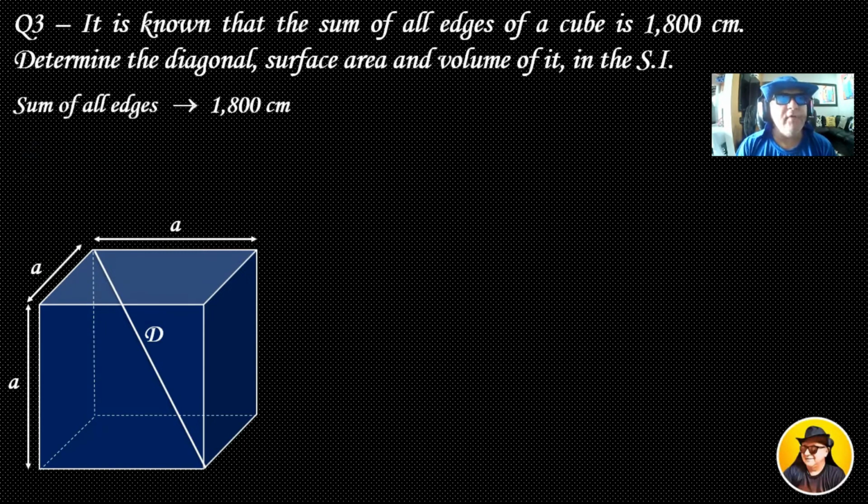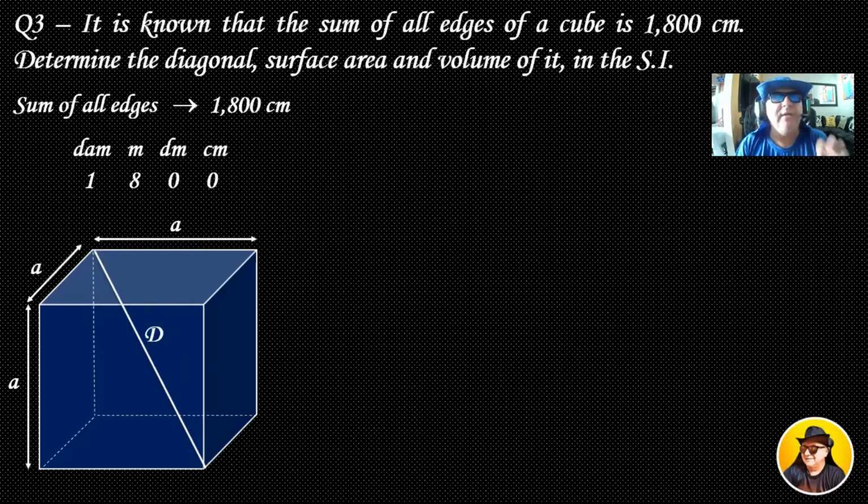The sum of all edges is 1,800 centimeters. So we need to convert from centimeters to meters, because we want to find the diagonal, surface area and volume in the SI, and the standard unit in SI is meter.